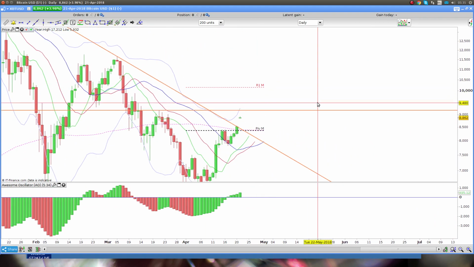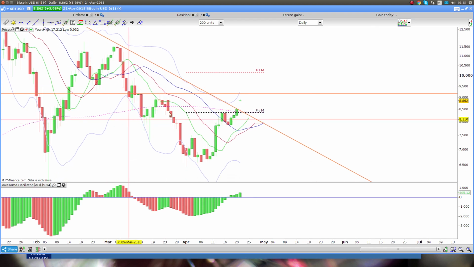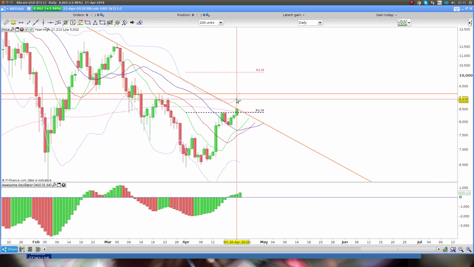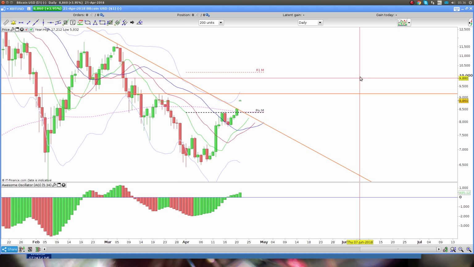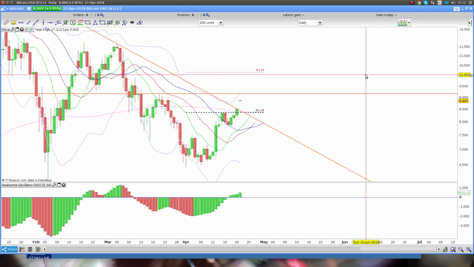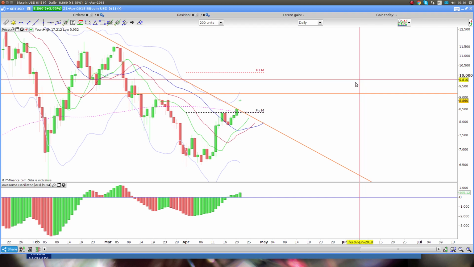It'll be clearer there. Okay, so what we're expecting here is some support to be found, probably at this level here, at the 9,100 area. But bearing in mind that price loves round figures, so we may actually push all the way through to somewhere around 10,000 before coming back.